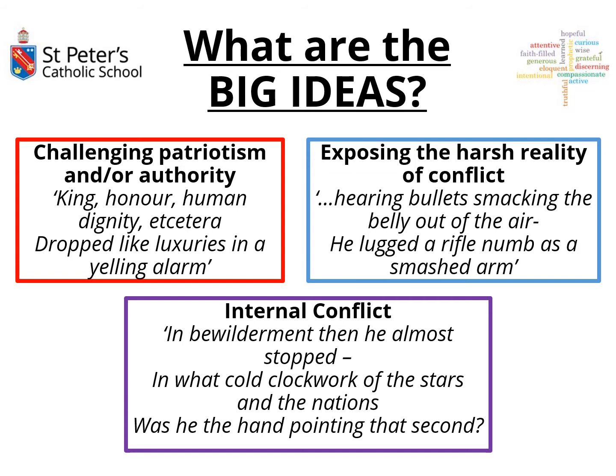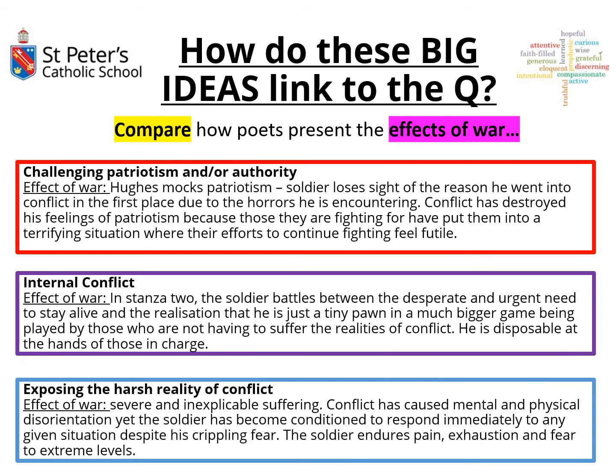And the fact that it's described as cold clockwork, absent of all feeling, there is just very little consideration for the suffering that he endures as a result of this. And the use of the rhetorical question as well there does highlight the fact that for a moment he's pausing and he really is questioning himself now. He's having to think, what was the reason that I am here?